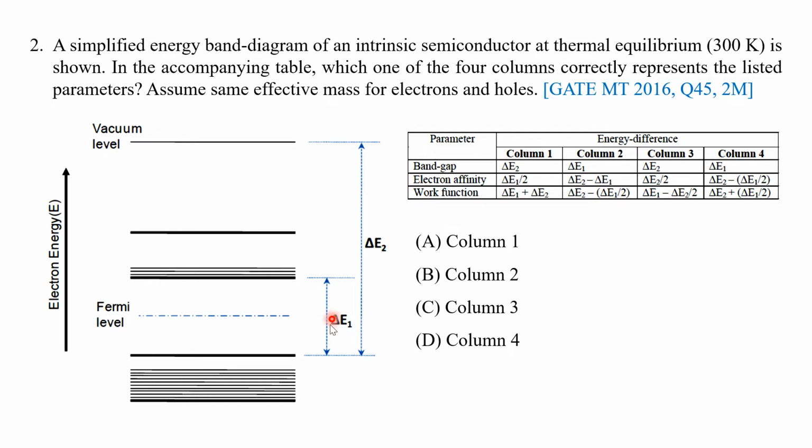First, we need to identify what is delta E1. Delta E1 is our, what is it? It is our band gap. Delta E1 is our band gap. So band gap, delta E1, there are two possible options, column 2 and column 4. Then we have something known as the valence band maximum to the infinity level. So valence band maximum to infinity level is what?